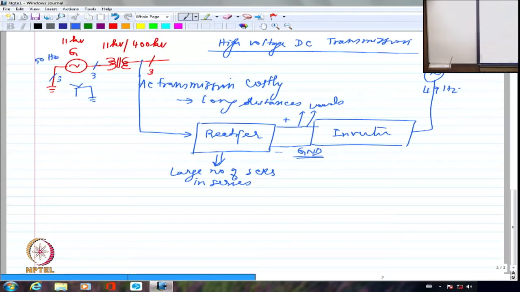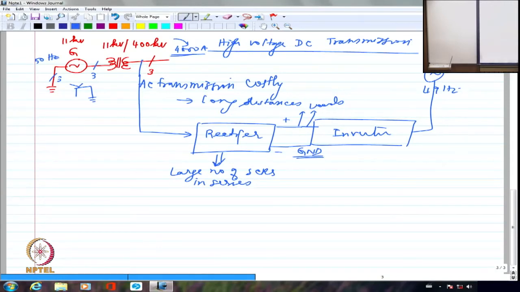So I may use several LASCRs in series. I may not have to use them in parallel because I may have 400 kilovolts and maybe 4000 amperes. That is good enough, or 2000 amperes. And one SCR can carry 2000 amperes very easily, not a problem.